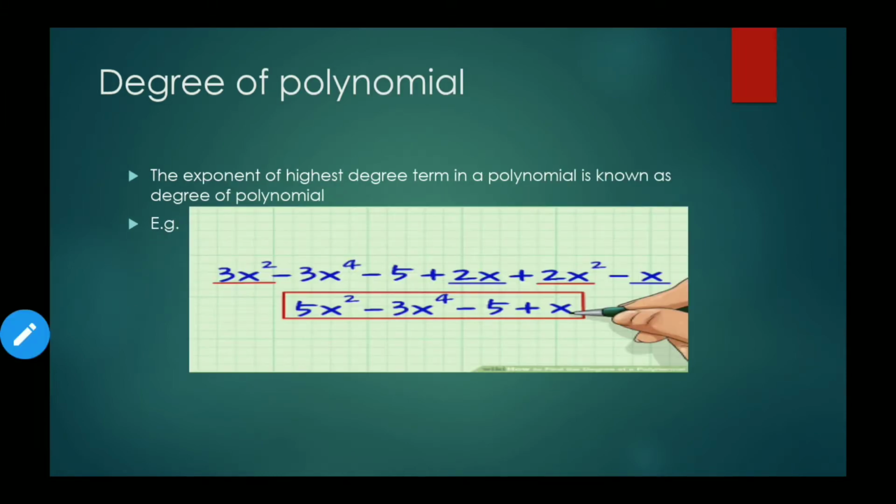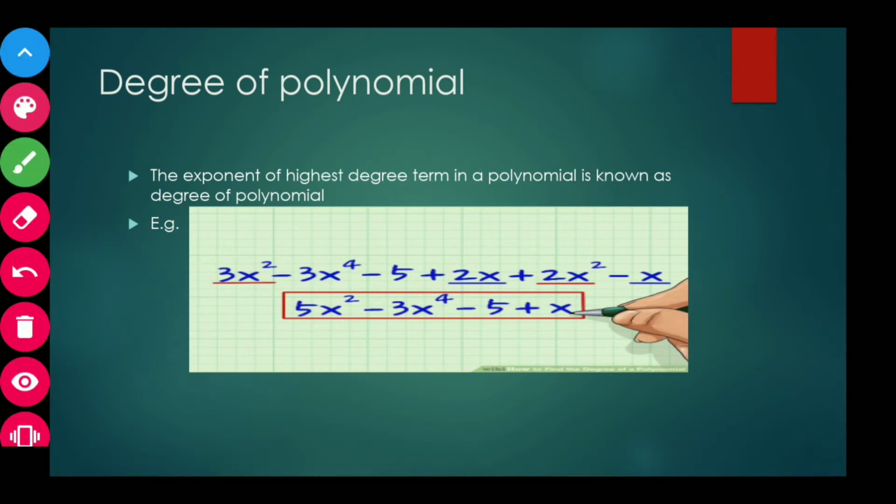Now we will check what the degree of a polynomial is. The highest power in the polynomial is the degree of the polynomial. As per the definition, the exponent of the highest degree term in a polynomial is known as the degree of the polynomial. Here, in the first equation the highest power is 4, so the degree of the polynomial is 4.